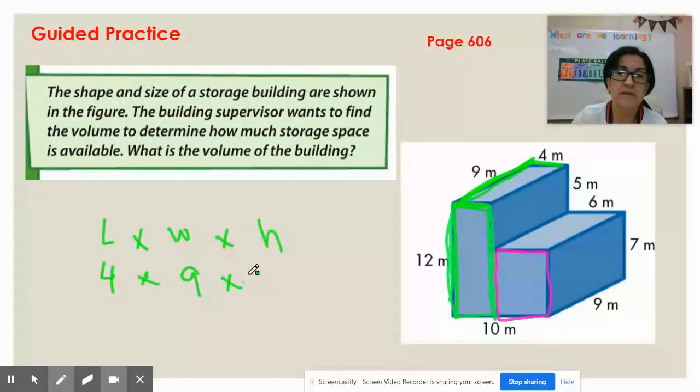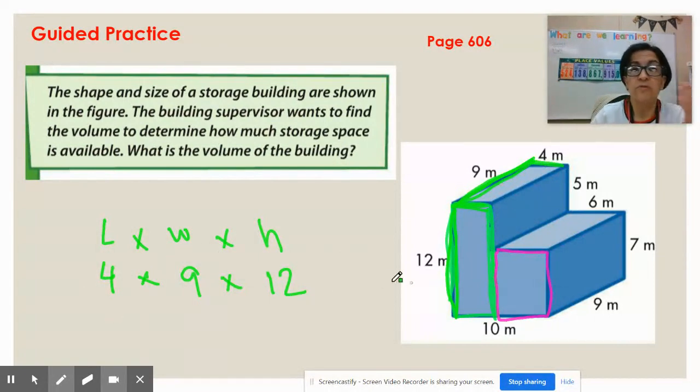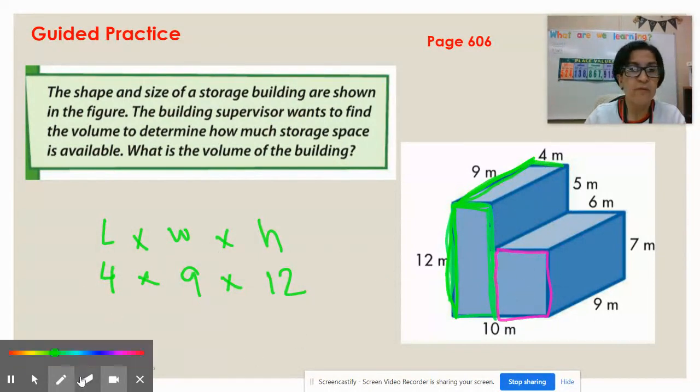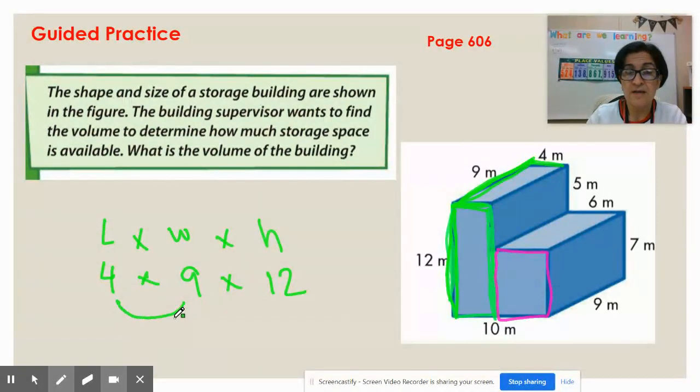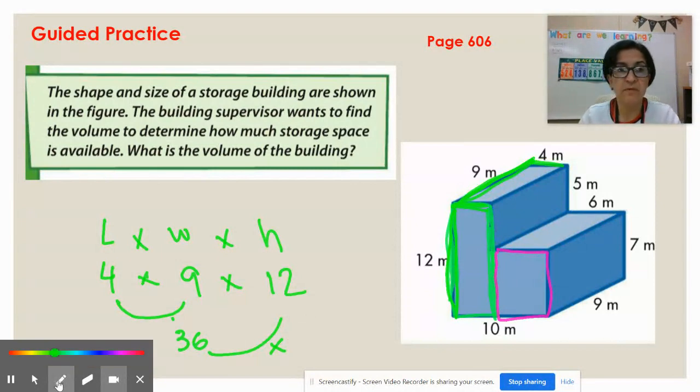And the height is 12, is here. So I had my three numbers. You just have to understand what they are. Okay, so then you would multiply these three numbers. For the pink one, and I'm not going to multiply them now, but you would multiply 4 times 9 is 36. And then 36 times 12 would give you, it's going to be a big number, right? We are talking about a building.